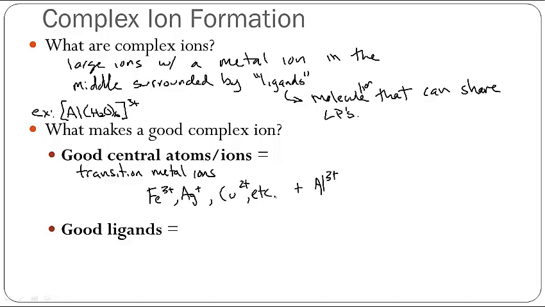All right. So good ligands are things like water, and I'm going to put the lone pairs here, NH3, and Cl minus. So water is very partially negative on the O. Ammonia is partially negative on the N with that lone pair. Cl minus is a negative ion with these lone pairs.